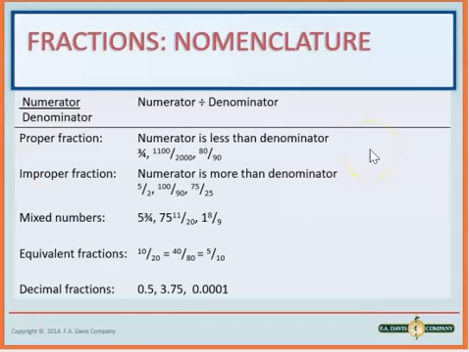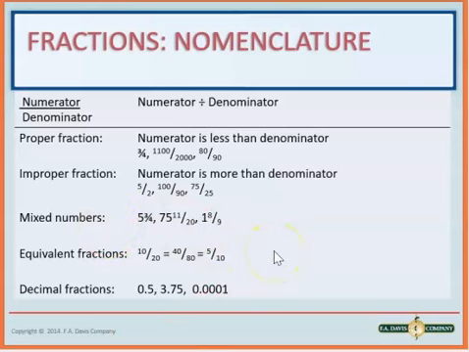If the numerator is less than the denominator, then it's known as a proper fraction. An example would be 3/4. If the numerator is more than the denominator, or the top number is greater than the bottom number, it's known as an improper fraction. If there's a whole number in front of the fraction itself, for example, 5 in front of the 3/4, it's known as a mixed number.